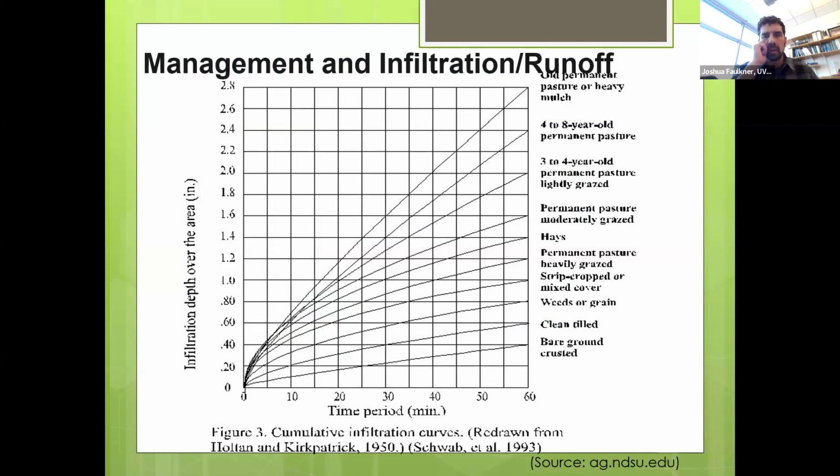And this is, again, an old figure, but it still holds true, showing how management influences infiltration and therefore runoff. I like to show this because you see such a dramatic difference between starting at the top, an old permanent pasture or heavily mulched field, all the way down, almost an order of magnitude, to the very bottom, which is bare ground that's crusted, where surface sealing has occurred on that soil.